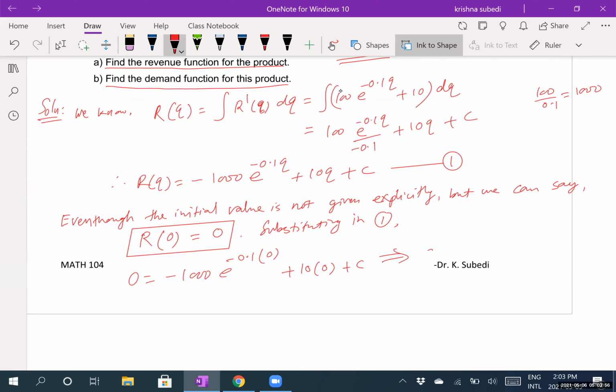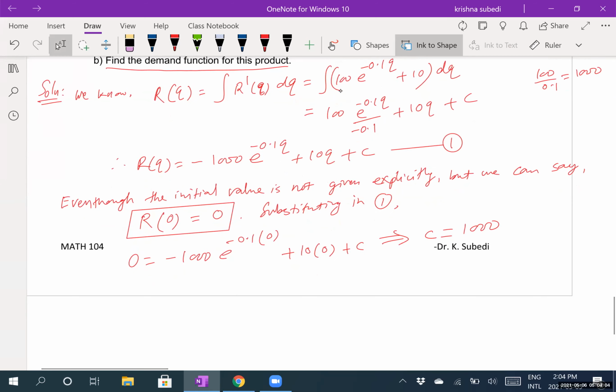And if you solve it, what is the value of c? I believe your c is 1000. Is that right? It is because 0 equals negative 1000 e raised to power 0, which is 1, plus c. So this is going to give me c equals 1000.